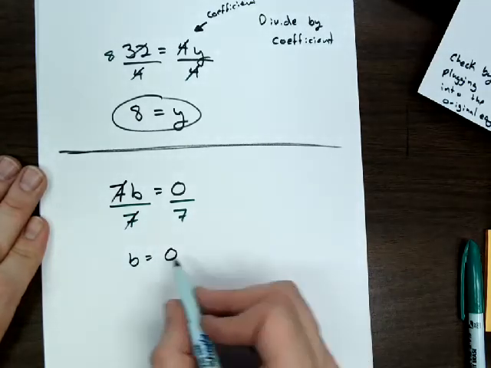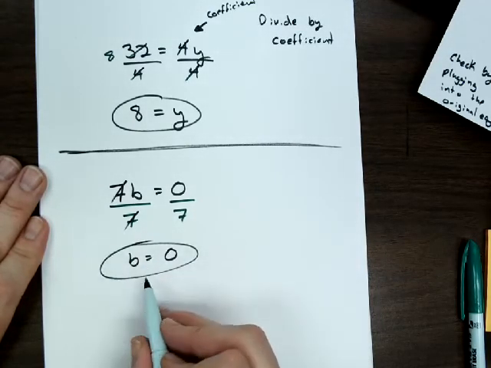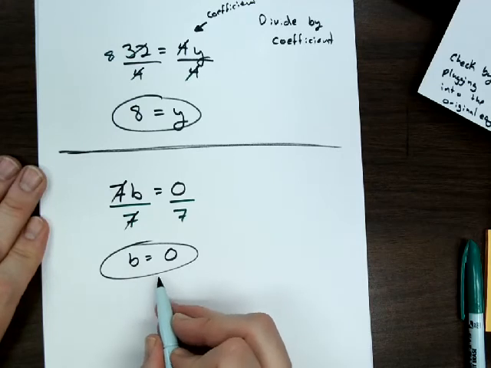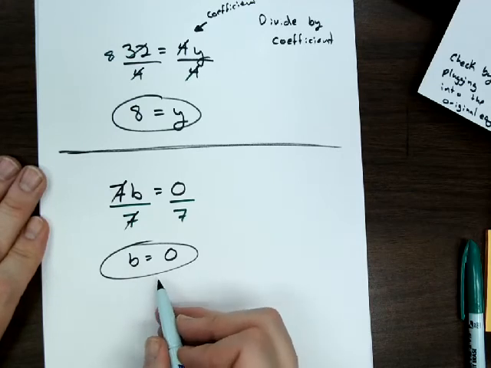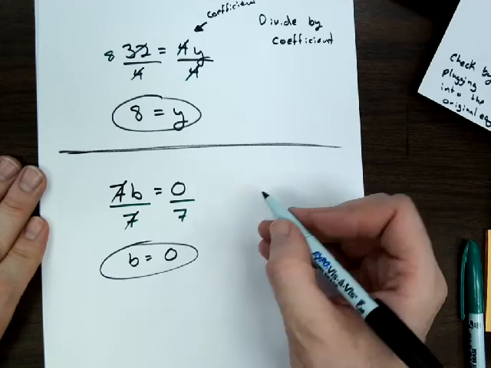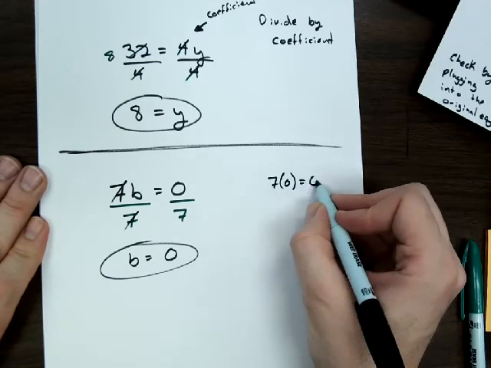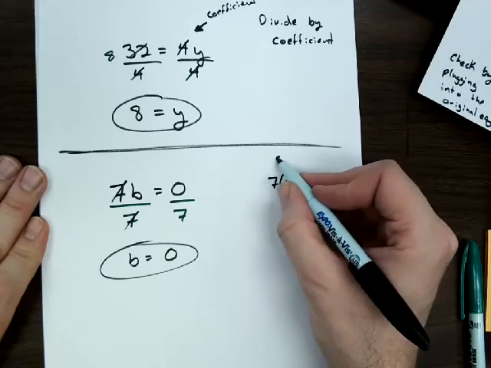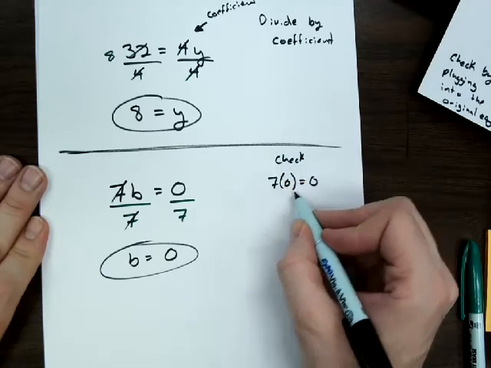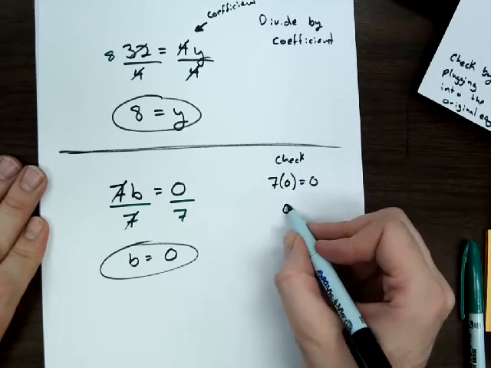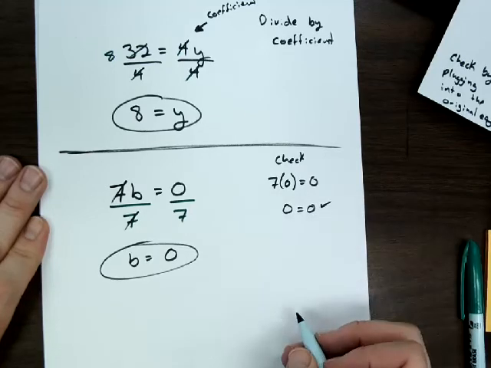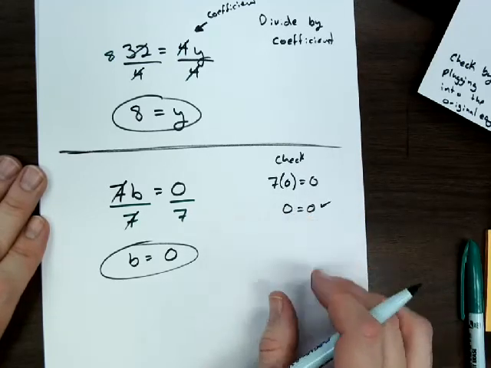And that's a valid answer. I can have my answer be 0. 0 is a number. And if I were to check this, 7 times 0 equals 0. Anything times 0 is 0. So 0 equals 0. Done. And that looks a little bit like emoji, but it isn't.